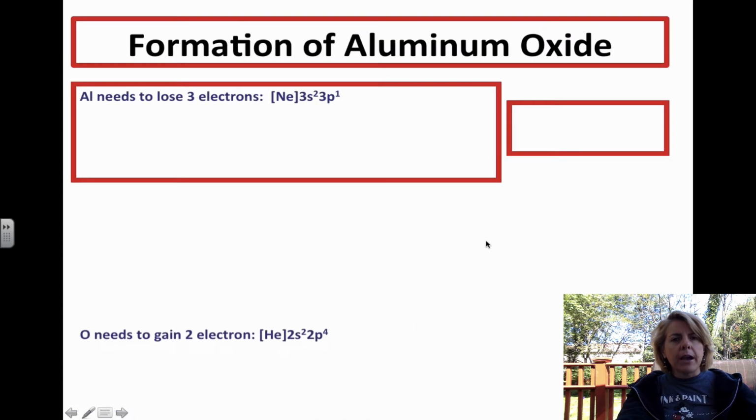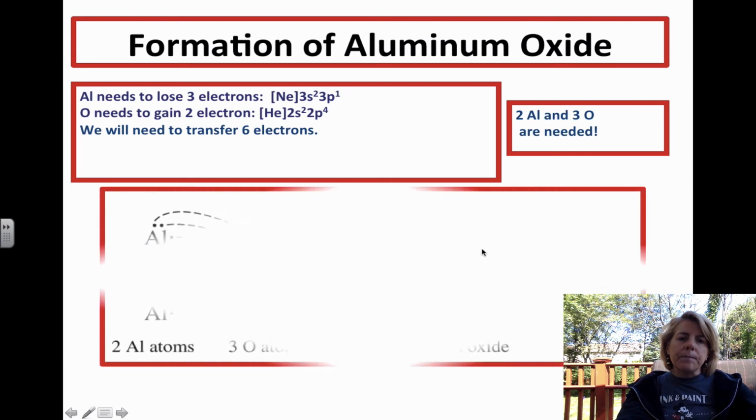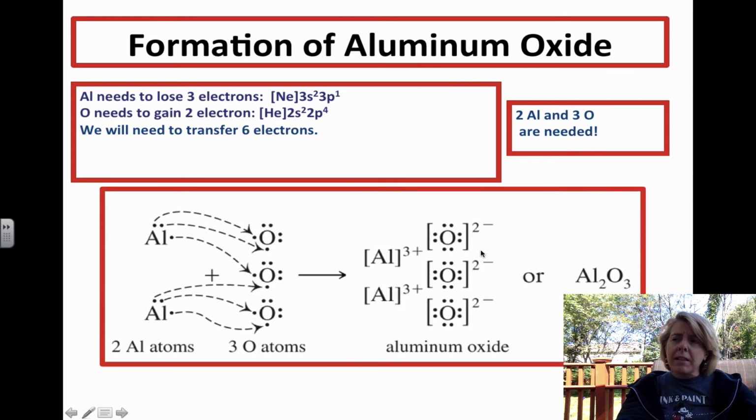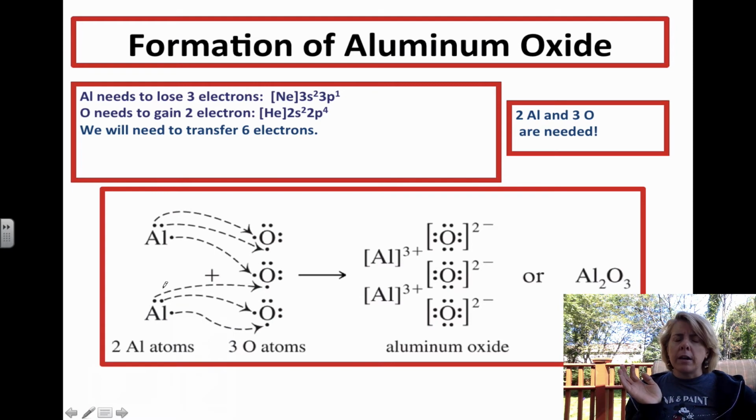Here we have aluminum oxide, and the interesting thing is that aluminum has 3 electrons and oxygen only needs 2. In order to balance the charges, this is all about creating a neutral ionic compound.